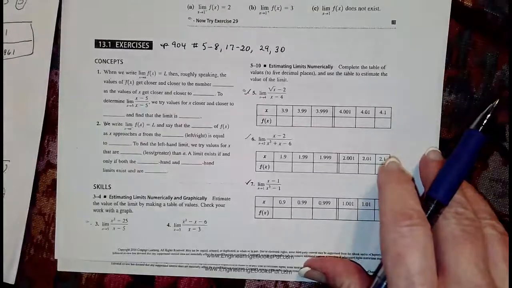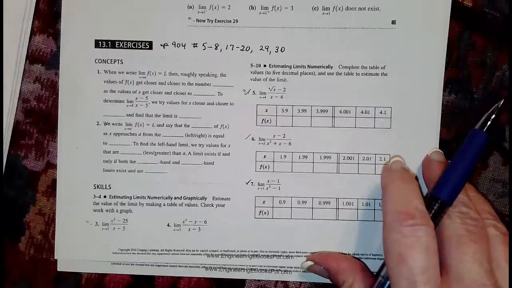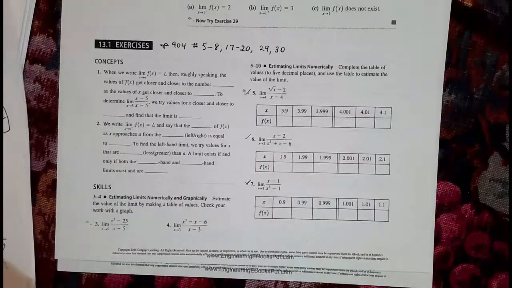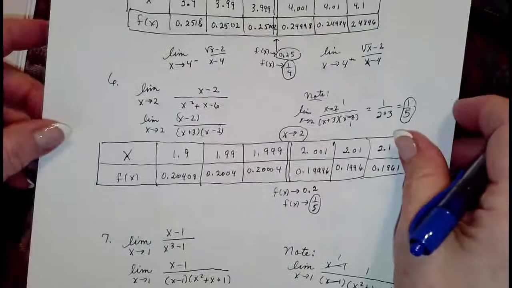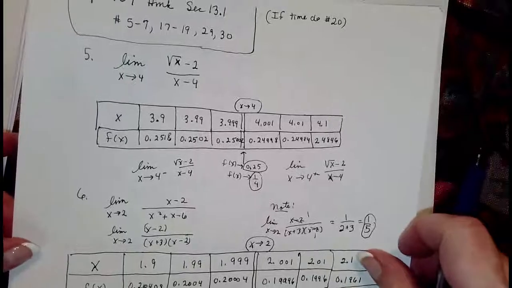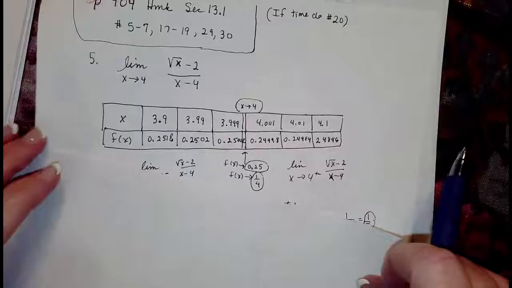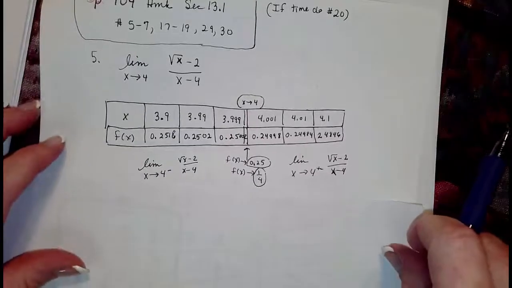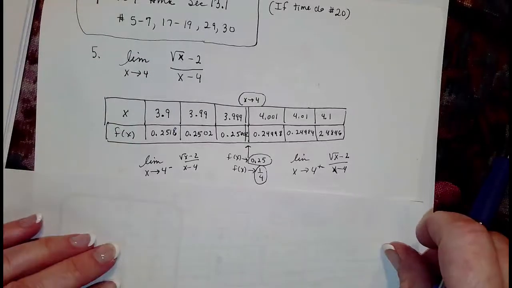So you're supposed to be on page 904. The first one is a chart. Get you on number 5 here. Okay, so I want you to go ahead and copy down number 5, and then we're going to talk about it really quickly.